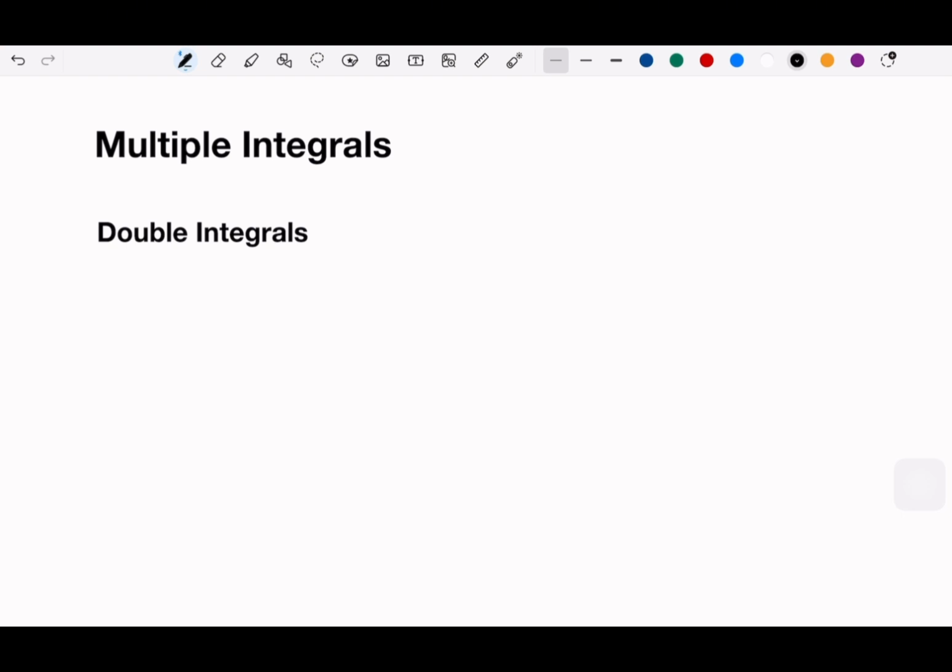Okay. So first of all, in calculus 1, we have integrals. For example, I'll just write the basis.